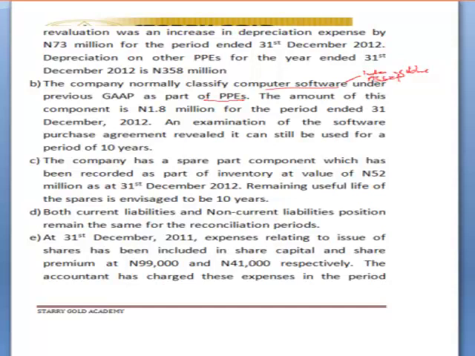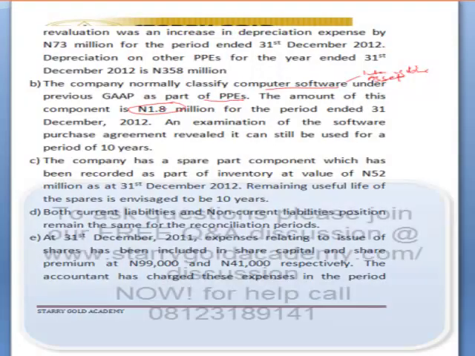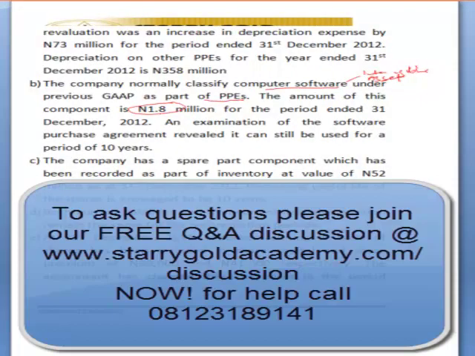For every additional information in the question, you need to be able to identify what is to be done. It means you need to reclassify computer software. You need to deduct it from property, plant and equipment. The figure is 1.8 million. That means you deduct it from property, plant and equipment of the previous GAAP, then you add it to intangible assets.